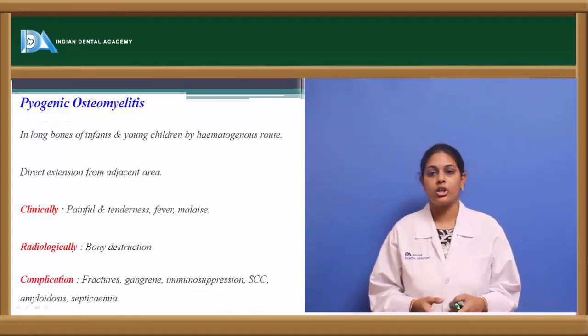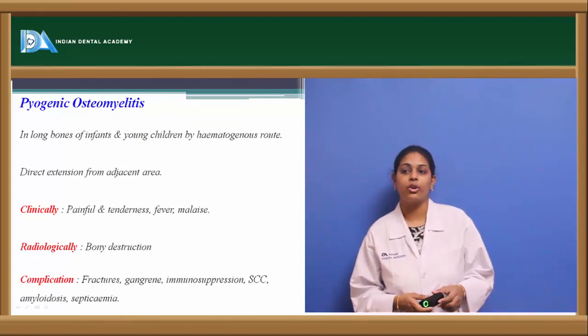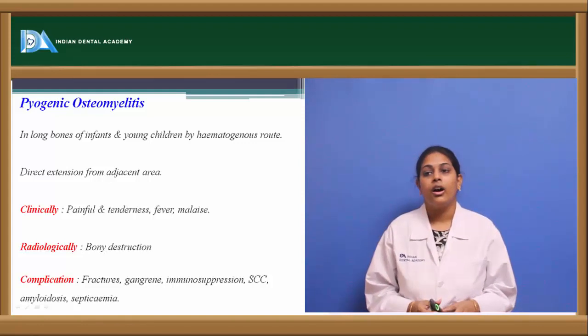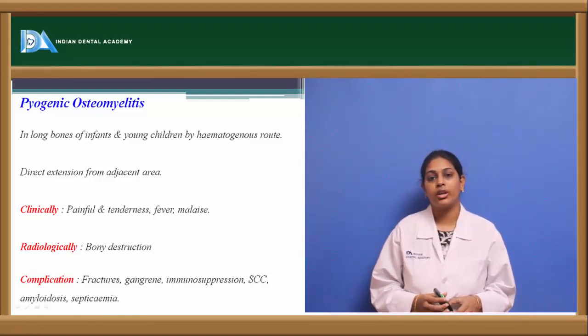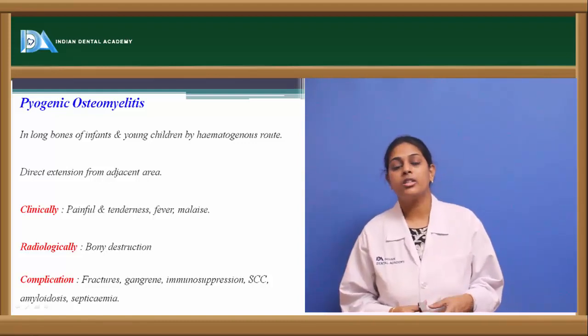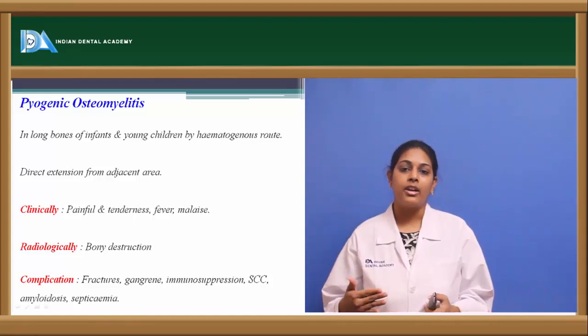Coming to pyogenic osteomyelitis, it is most commonly caused by the Staphylococcus aureus species, and it can also be seen in syphilis. It involves mostly the long bones compared to the other skeletal bones, and most commonly involves the age group of infancy and young childhood.